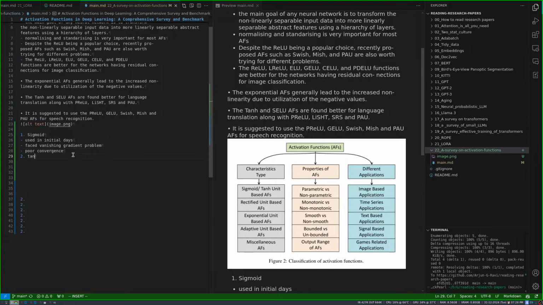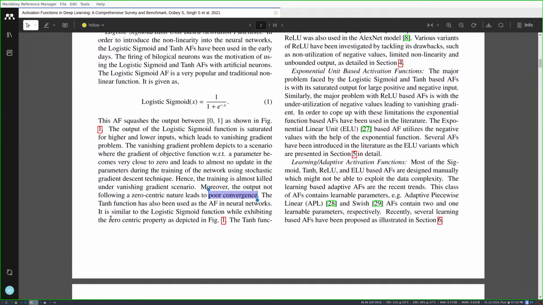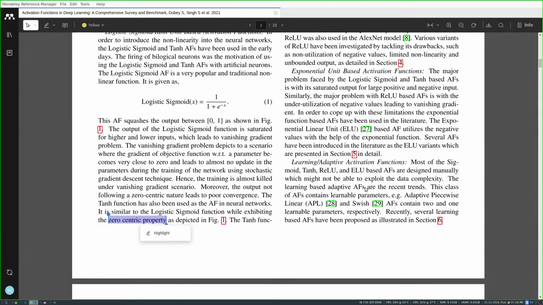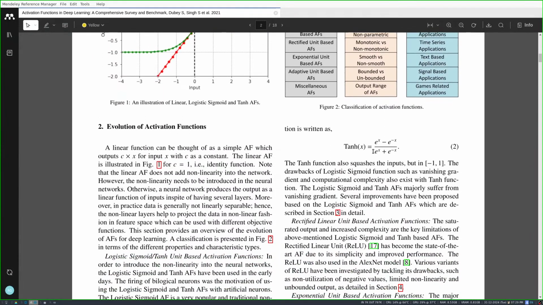The second one is the tanh function. Similar to sigmoid, but it exhibits the zero-centered property, so it has better convergence.